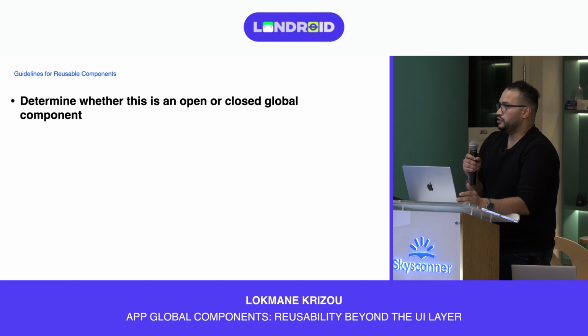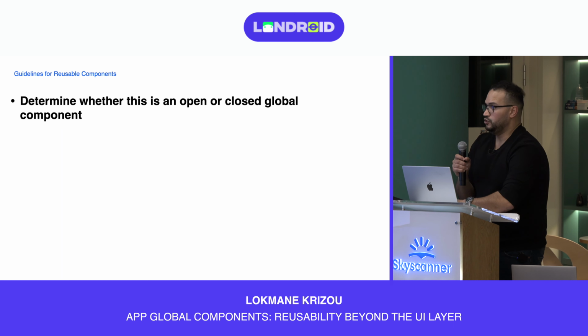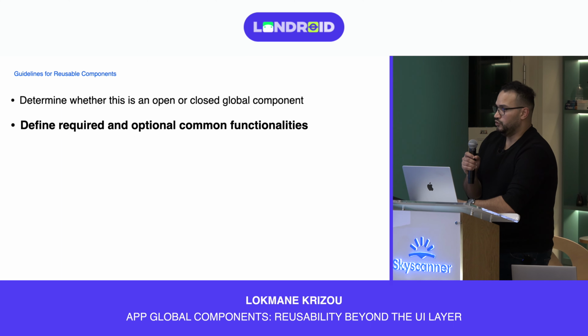As we mentioned before, the closed one is just an isolated feature that exposes the API. So if you are going to create one of those, it's as simple as that. You just put it in one module and expose your API. Meanwhile, if it's an open global component, then you have to define more rules.